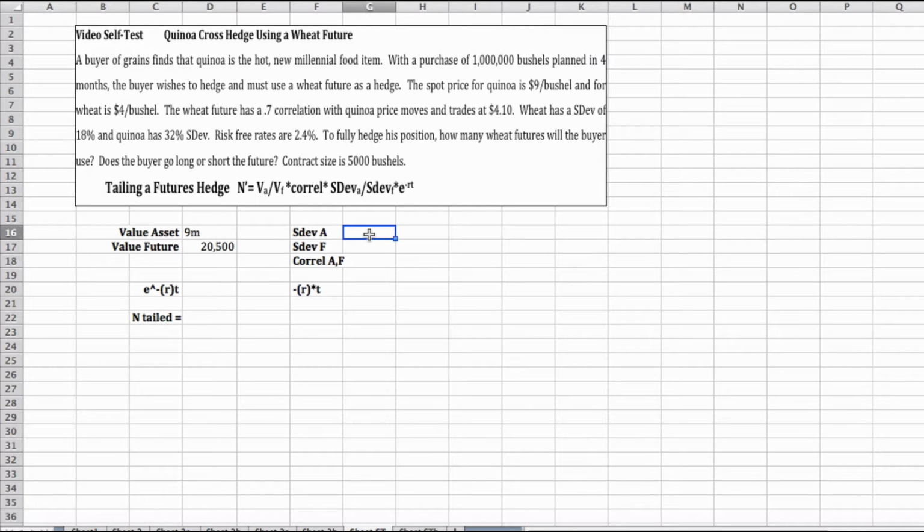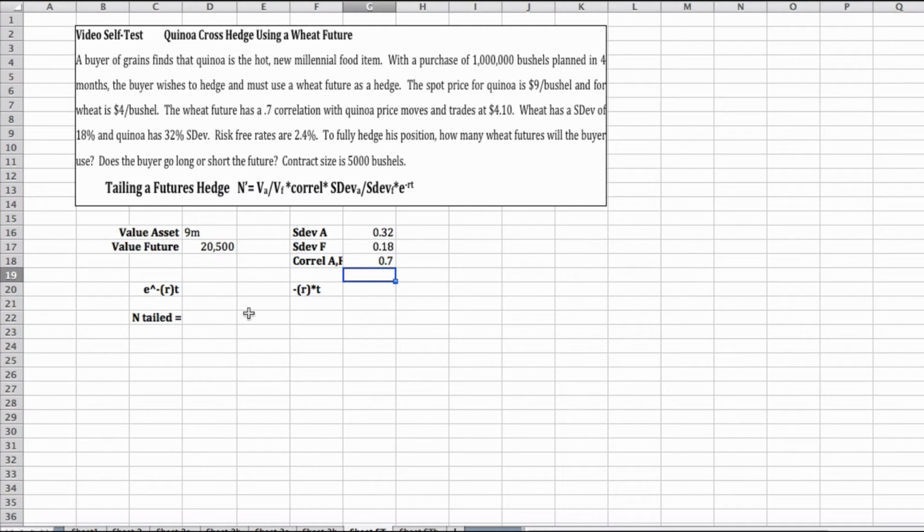We can also work on our beta. We have standard deviation of 18% for the future, 32% for quinoa. At a correlation of 70%.